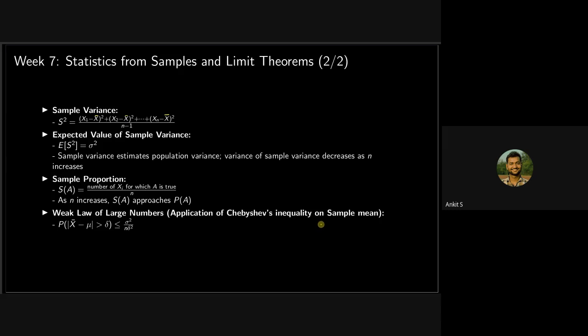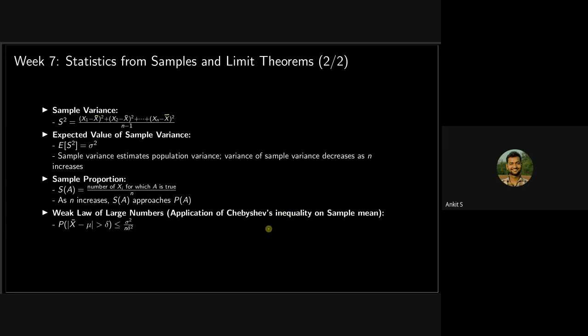If you take different samples, the sample means and sample variances will vary. That's why these are random variables, and we can talk about them in the same way that we talk about other random variables.